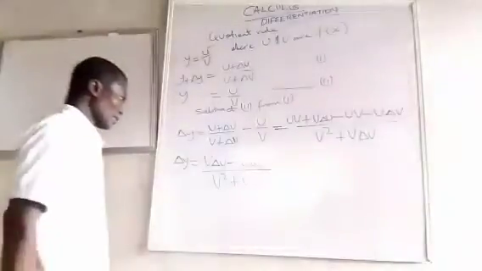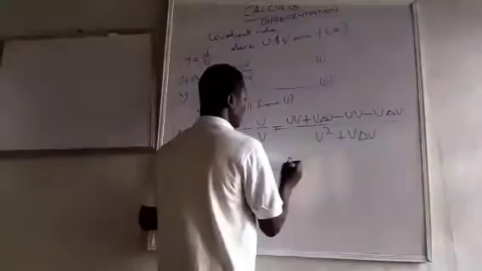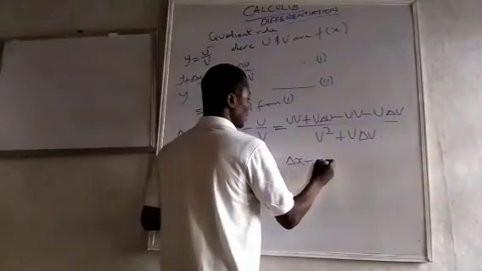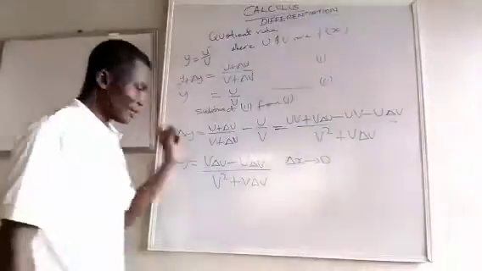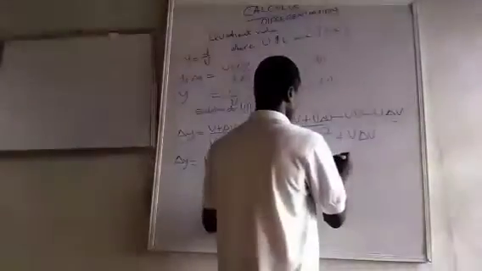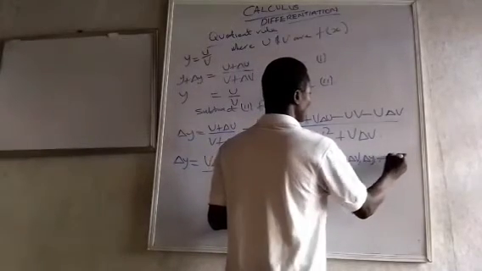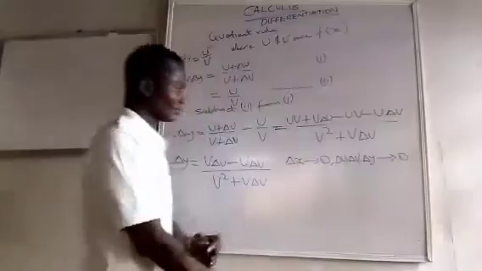And I want you to note something. When delta X, the change in X, tends to 0, delta U, delta V, delta Y tend to 0. Note that.